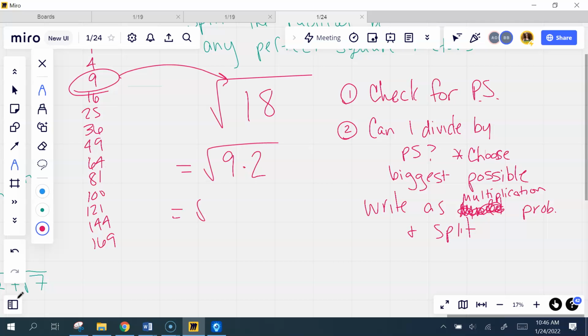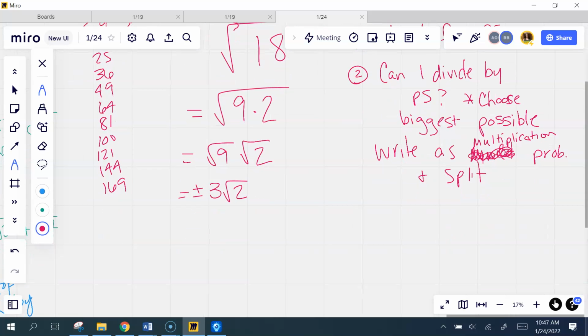So I have the square root of 9 and the square root of 2. What's the square root of 9? The plus or minus goes in the very front. Now it's simplified. And I know it's simplified because what's left under the radical cannot be split any further. Does that make sense? Yes, no, maybe so.